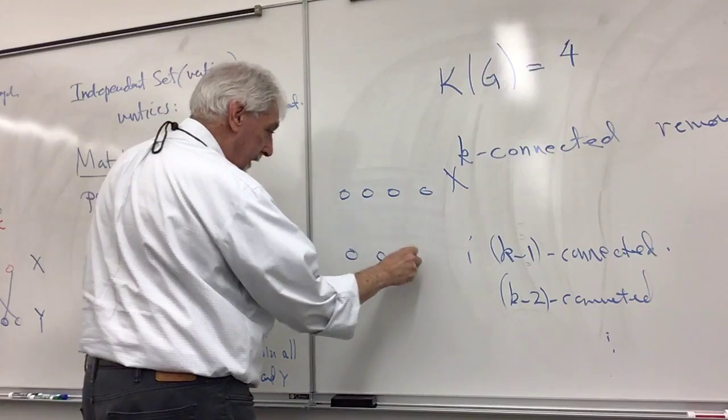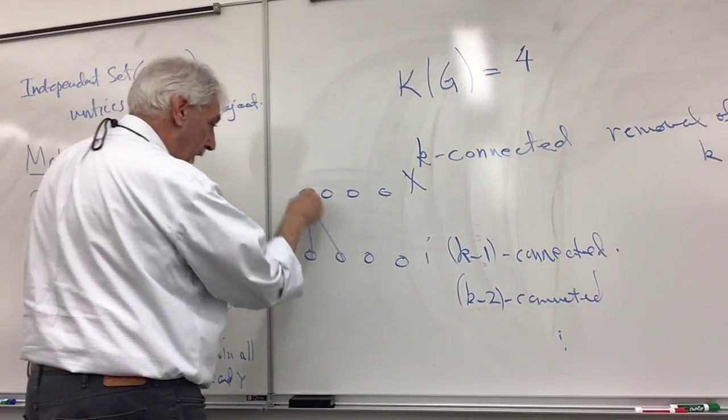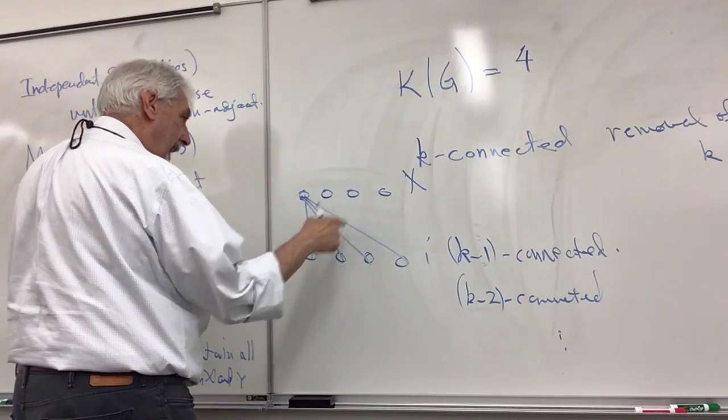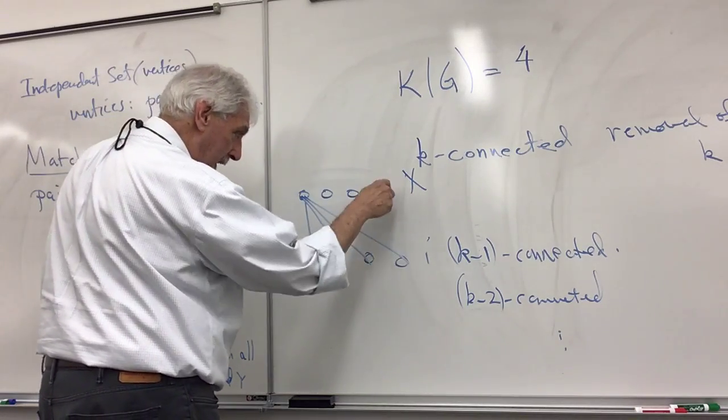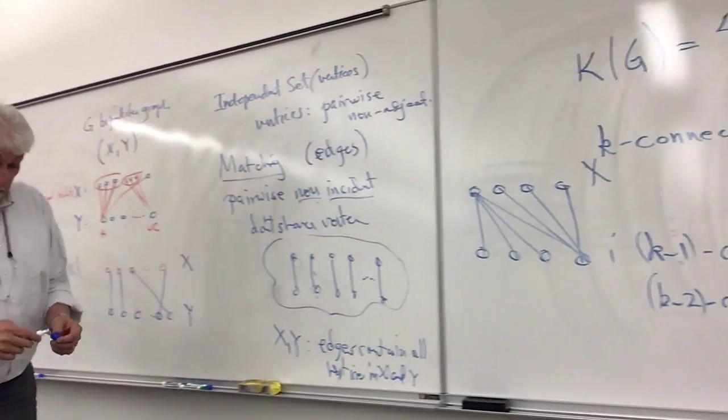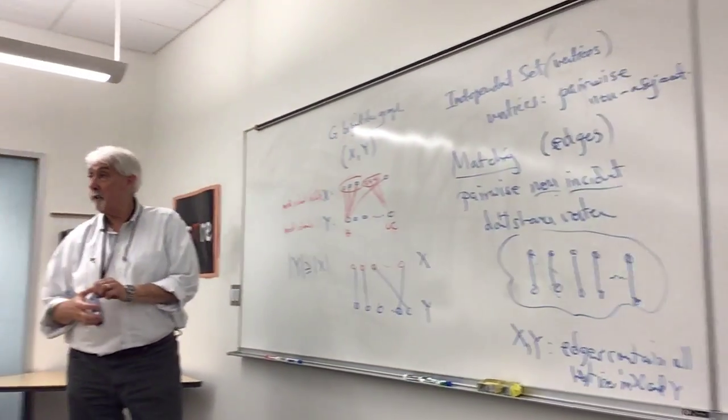I can get my X's and Y's confused. So every element of Y is adjacent to the first element of X, and every element of X is adjacent to the last element of Y. That works. It looks like a lot of edges.